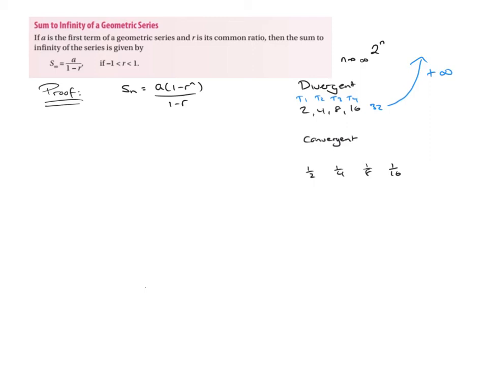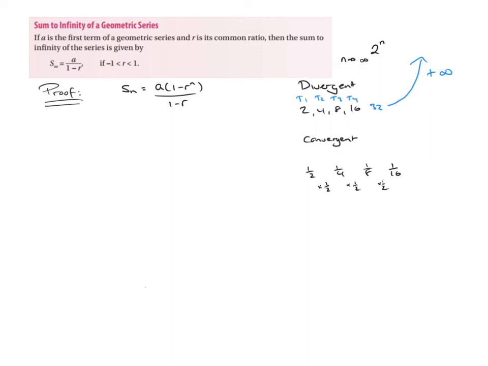But with this one, my a is equal to a half, and my r is equal to a half, so I'm multiplying by a half each time to get there, that's my common ratio. You can see the common ratio is making everything smaller because it's between -1 and 1. Because it's between -1 and 1, it's going to converge to a certain value.